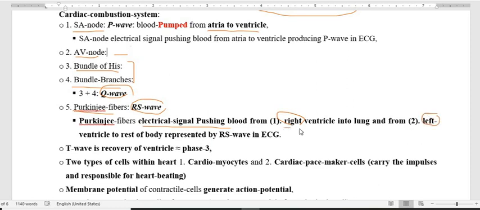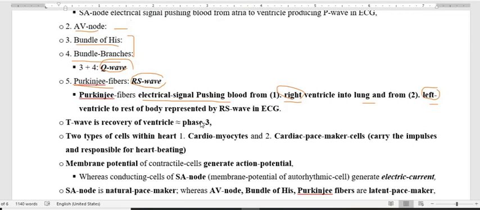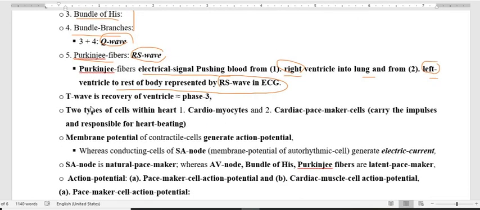From the right ventricle, the blood is pushed to the lungs, and from the left ventricle, blood is pushed to the rest of the body, indicated by the RS wave. So this is all about the RS wave. Whereas T indicates that the ventricle is in a recovery phase, which is indicated by phase 3.